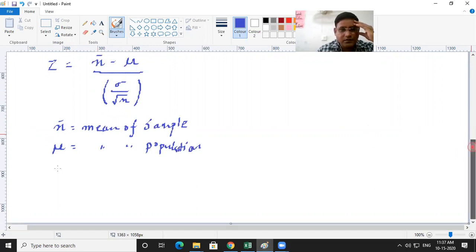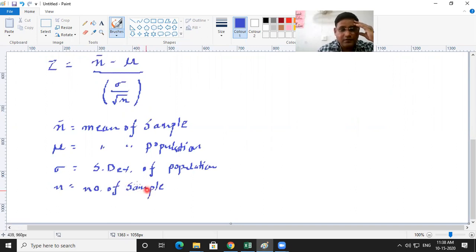Okay. Sigma is the standard deviation of population, and n is the number of samples.